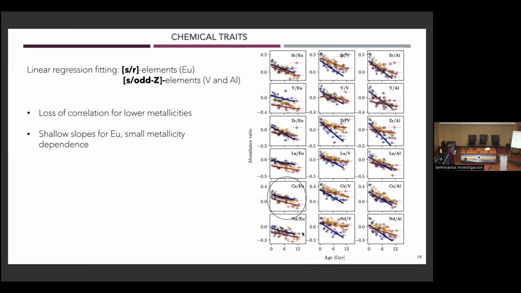We saw the same behavior for another chemical abundance ratio, where we compute s, a slow-process element, over a rapid-process element. As rapid, I was only able to measure europium. And then we also measure s over vanadium and aluminium.